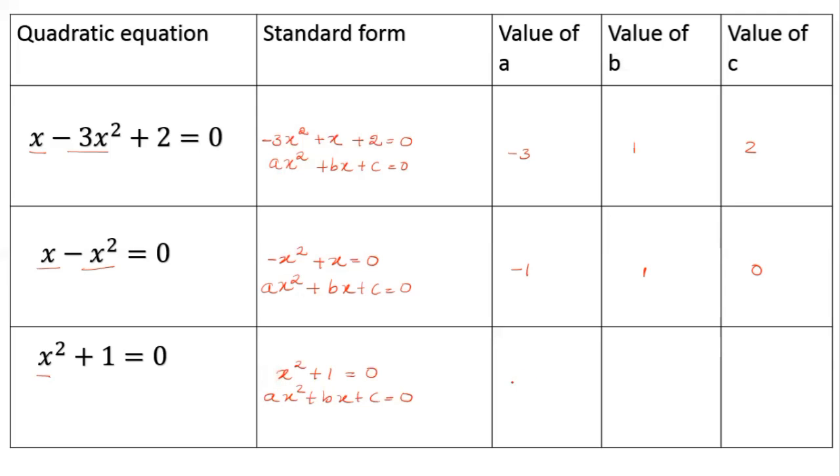Here the term with x is not there, so the value of b is 0, and the constant term is 1. The value of c is equal to 1.